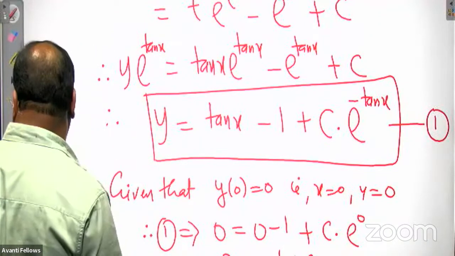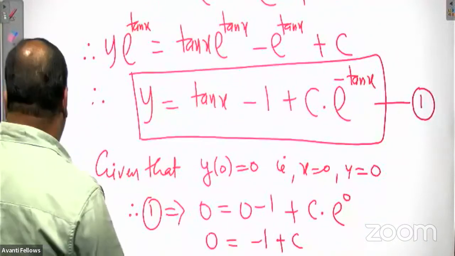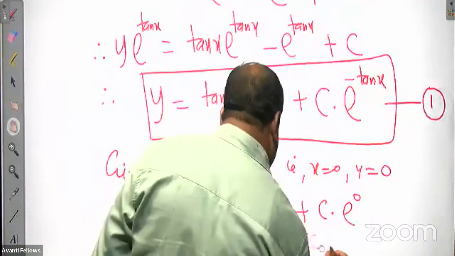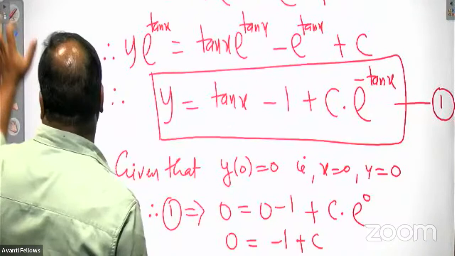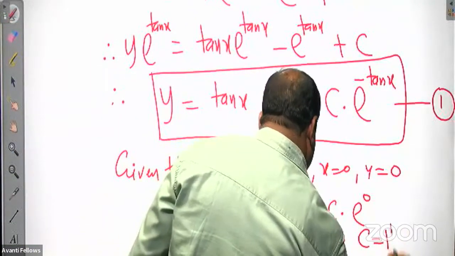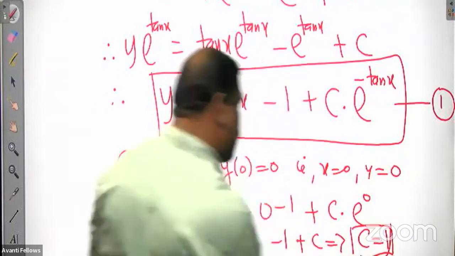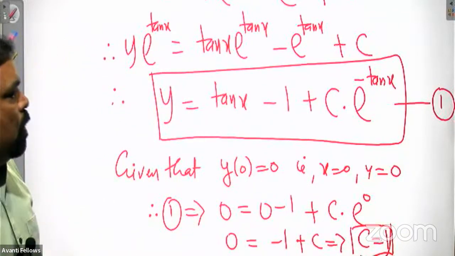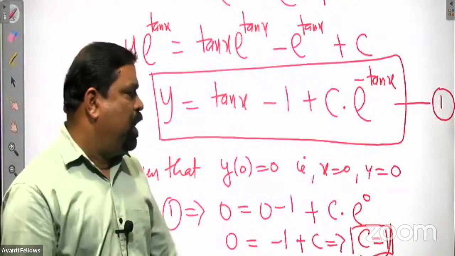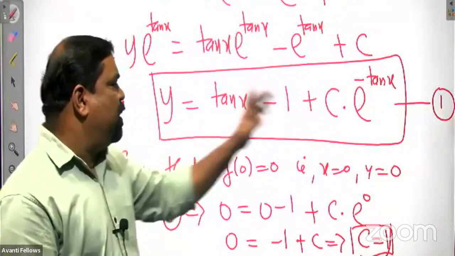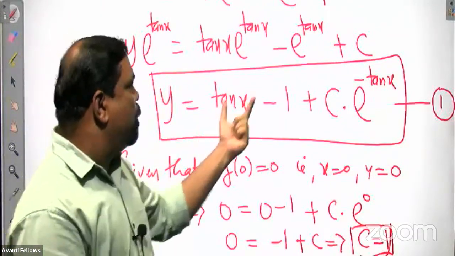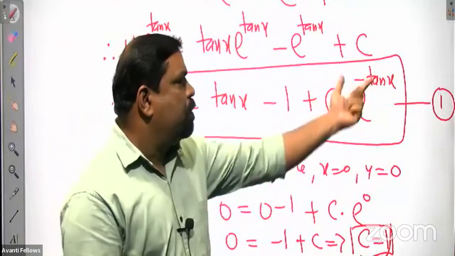So that will give the value of c as 1, which implies c is equal to 1. So the particular solution is obtained by putting c equal to 1 in equation 1. The corresponding particular solution is y is equal to tan x minus 1 plus e raised to minus tan x.